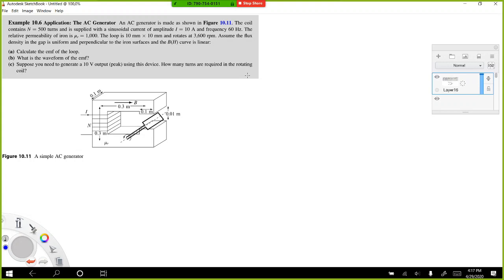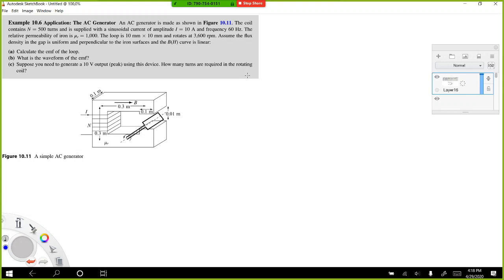The loop is 10 by 10 and rotates at 3600 rotations per minute. Assume the flux density in the gap is uniform and perpendicular to the iron surfaces, and the B curve is linear.